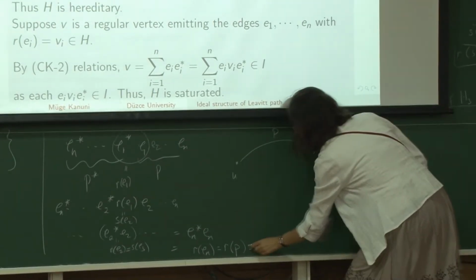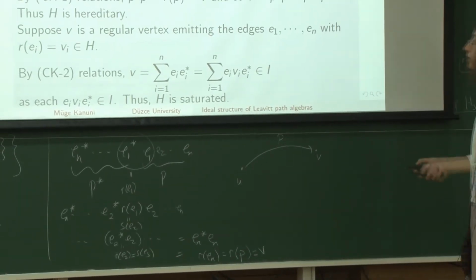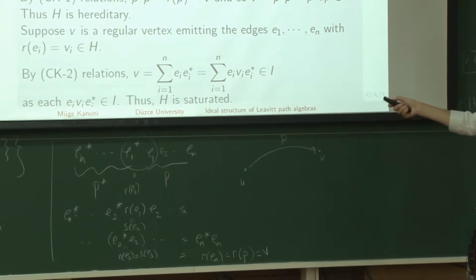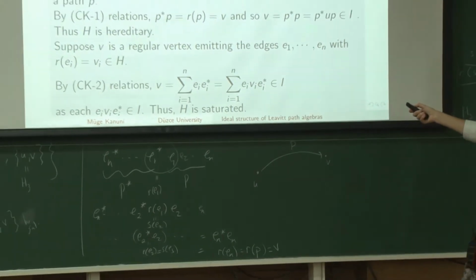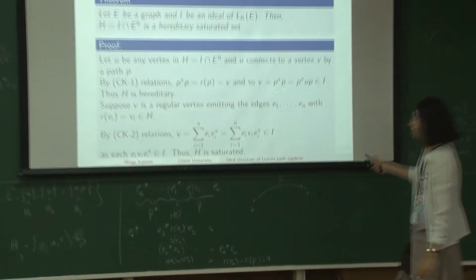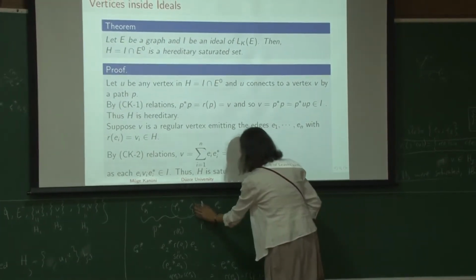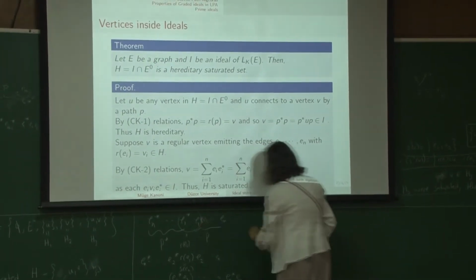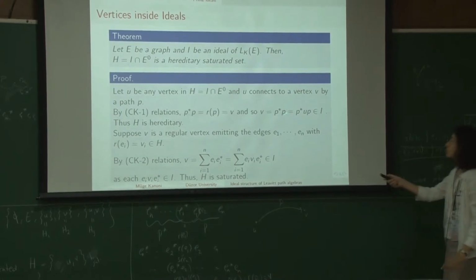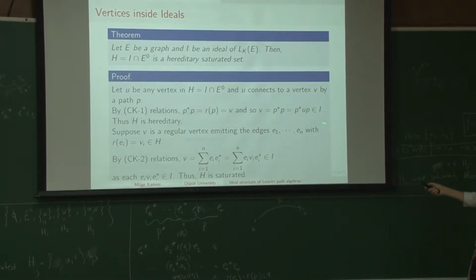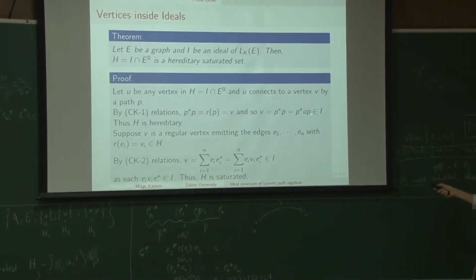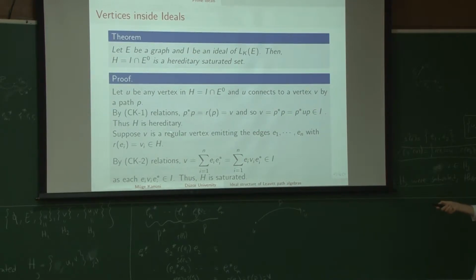So that is here. Okay? And so V is this guy, which is equal to, recall that right here we have the vertex. So it is basically in the ideal. So V is in the ideal, so H is hereditary. CK1 helps me to prove that this H is hereditary.